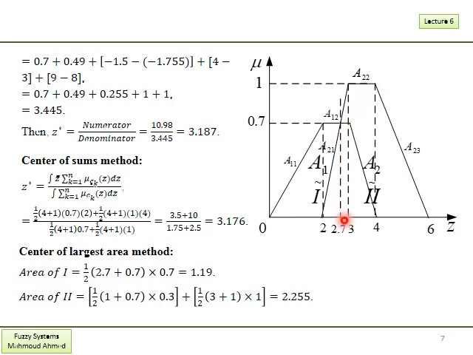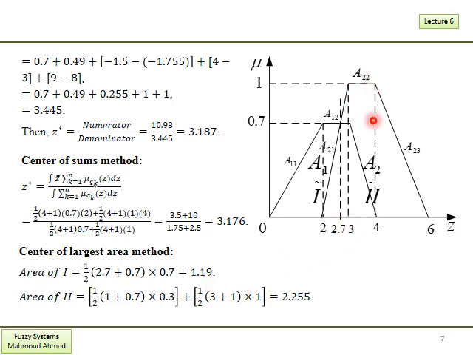Area 1 is equal to the area of this trapezoid here, which is half the summation of the two bases, 2.7 plus 0.7, multiplied by the height, which is 0.7. Which is equal to 1.19.